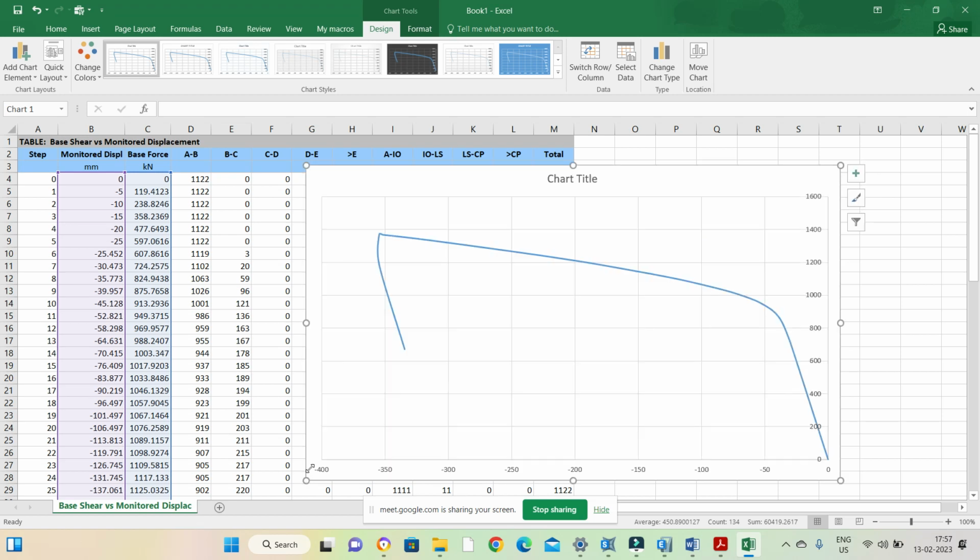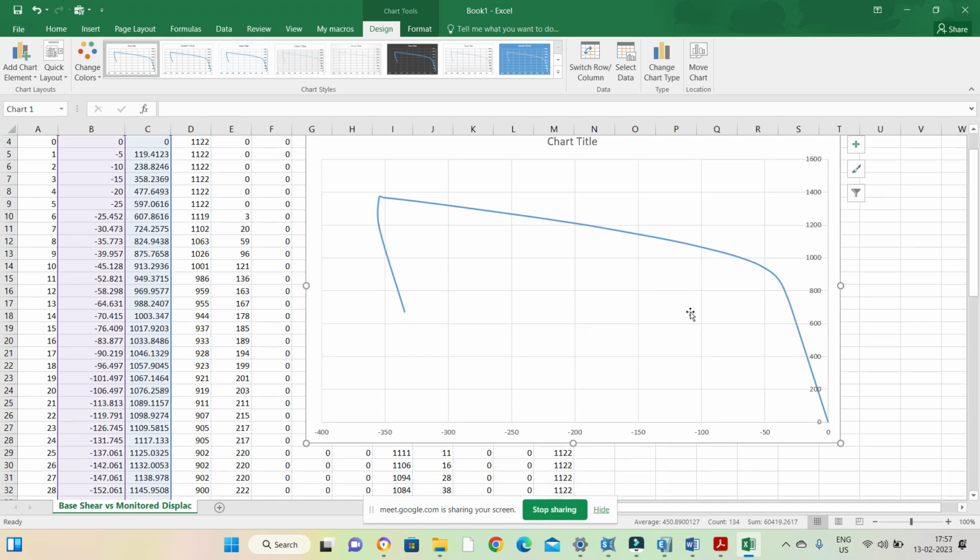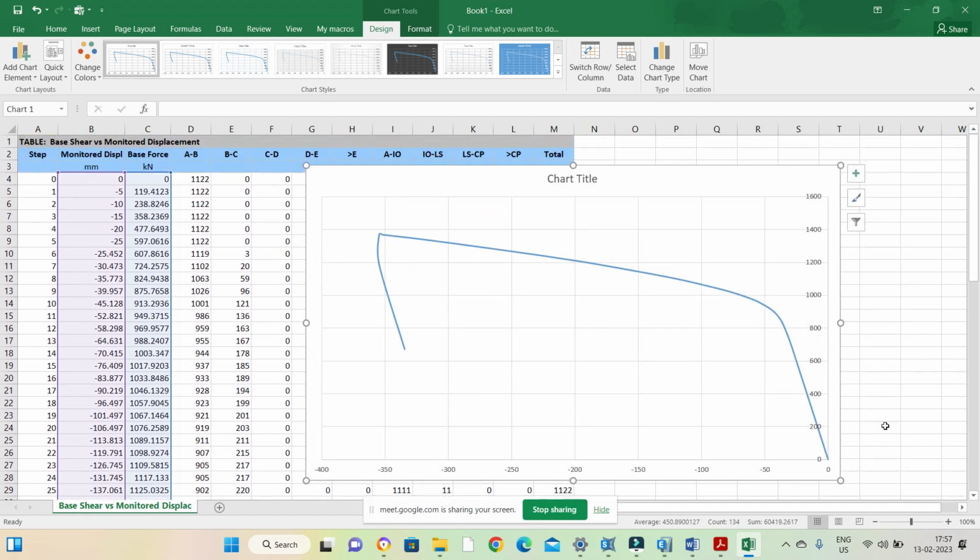This is the pushover curve. So in x direction you have the displacement, in y direction you have the base shear. Okay, displacement in terms of roof displacement, and base shear means the shear force at the base of the structure. Now whatever you want you can do with your pushover curve.